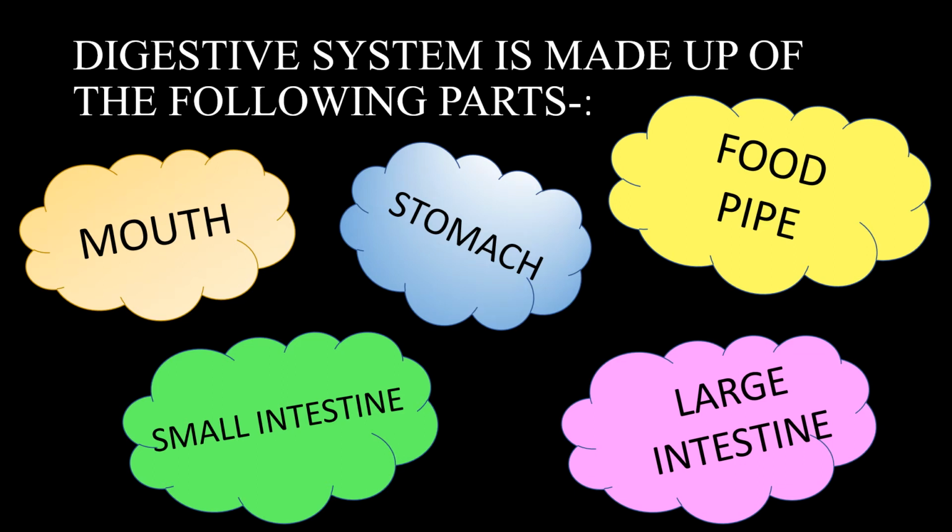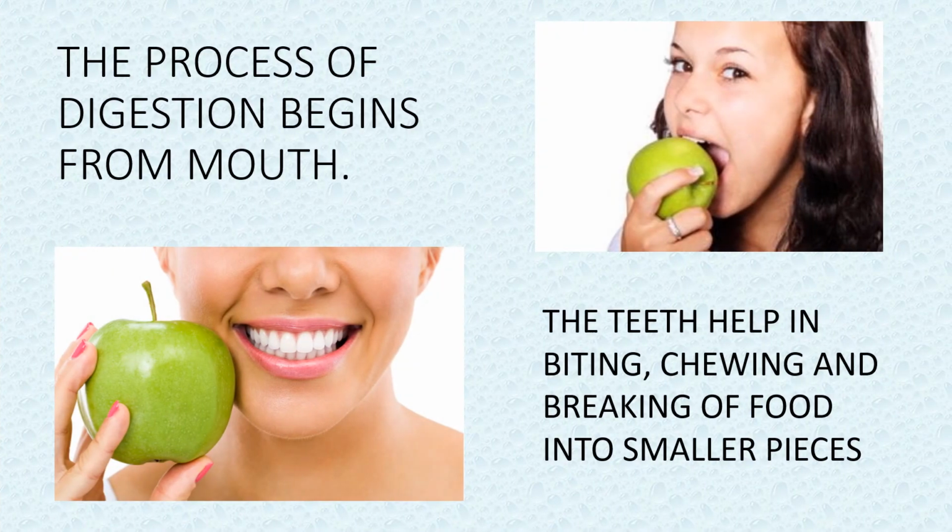The digestive system is made up of the following parts: mouth, food pipe, stomach, small intestine, large intestine, and anus. The mouth has teeth to cut the food into small pieces and chew it properly. The teeth help in biting, chewing, and breaking food into smaller pieces.